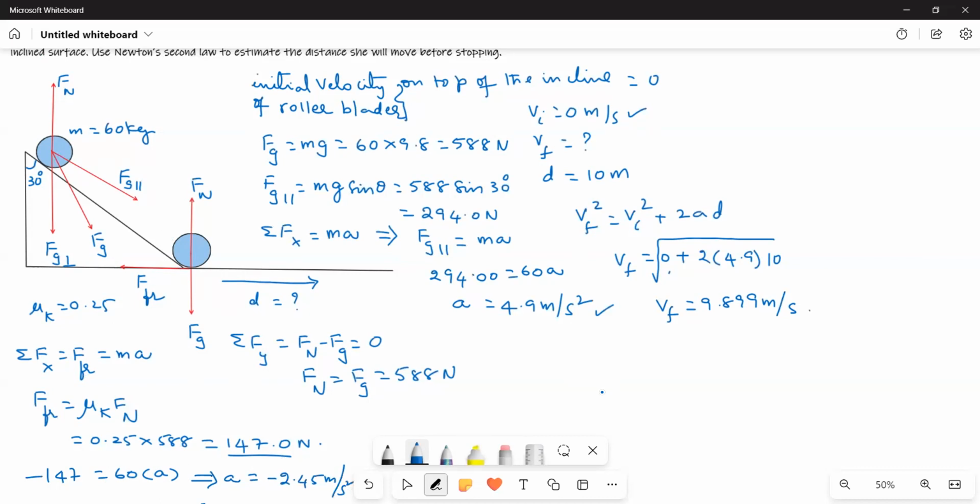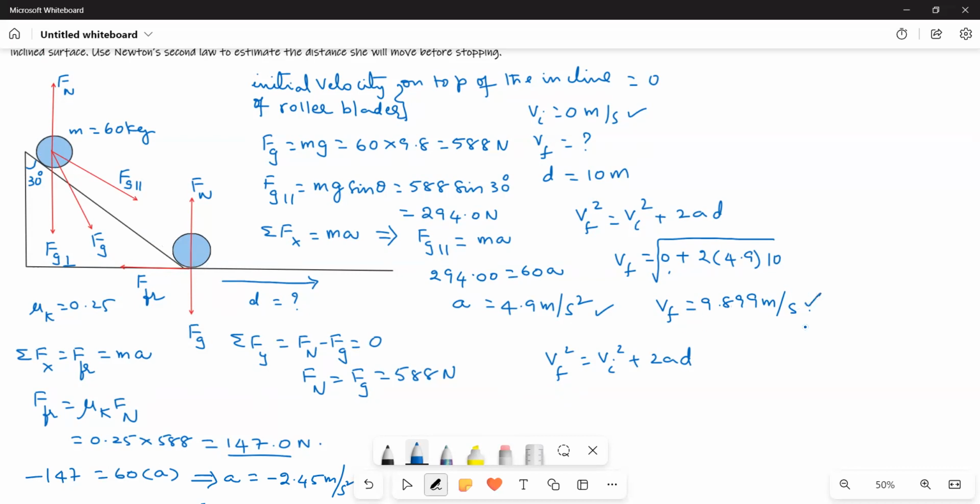Next, I have to find out the distance. We use the equation Vf square is equal to Vi square plus 2AD, and here the final velocity is equal to 0. Whatever velocity it comes down with becomes the initial velocity.